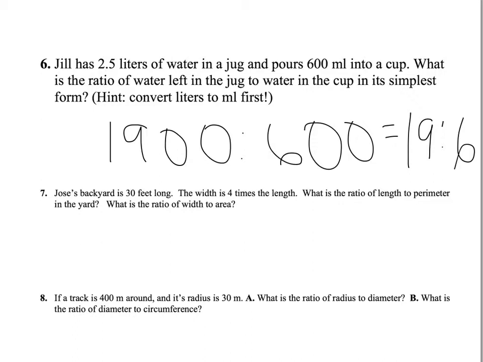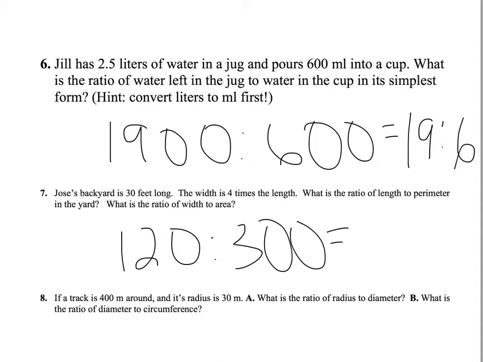So it says, what's the ratio of length to perimeter? So what we needed to figure out is that if we're writing this down then, our length is 120, our perimeter is 300. We can reduce this to 12 to 30 immediately, but then we can keep reducing it by 6, and we get 2 to 5.